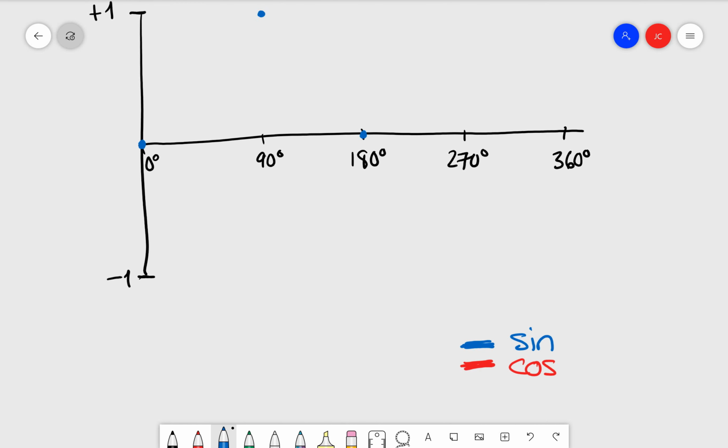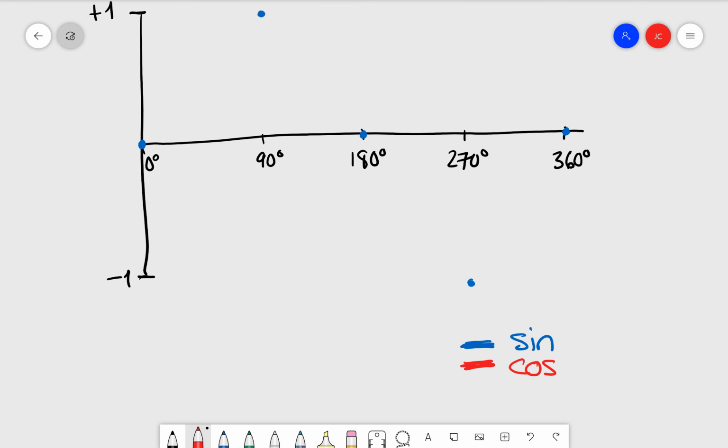So, it's going to go down about here. And finally, sine of 360 is going to be 0 again. And you notice that creates this kind of zigzag. If you drew this just by connecting the lines, it would be this, which is not a good sign, but it's an explanation of that.